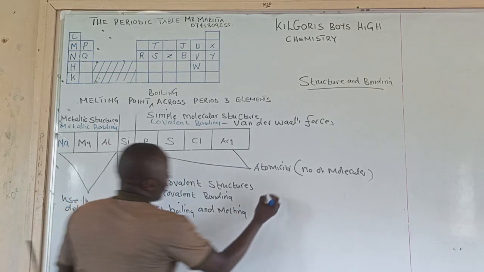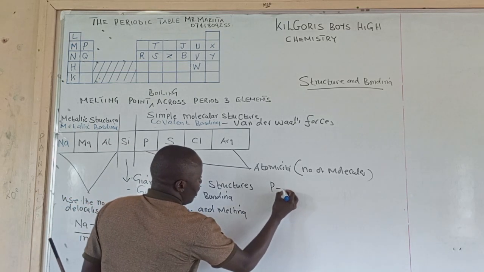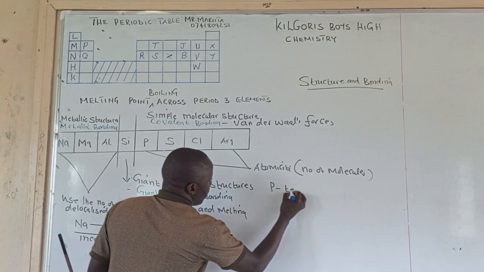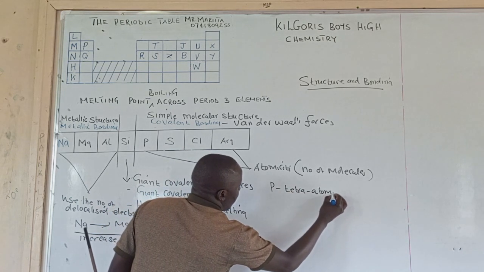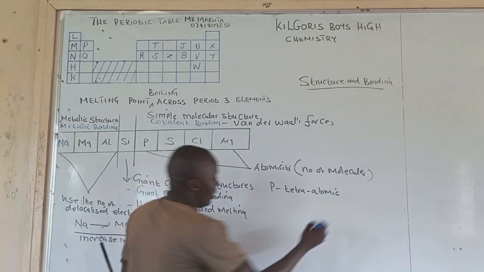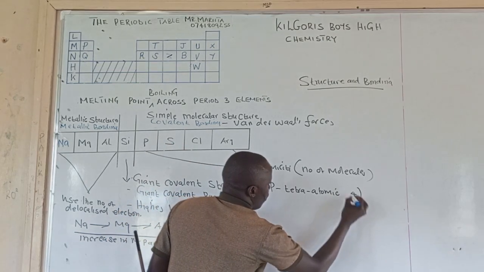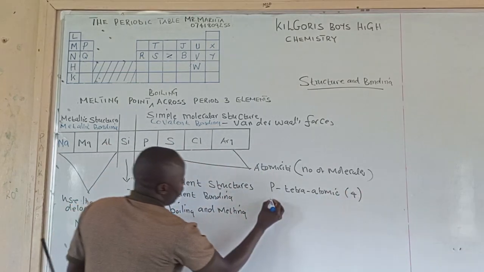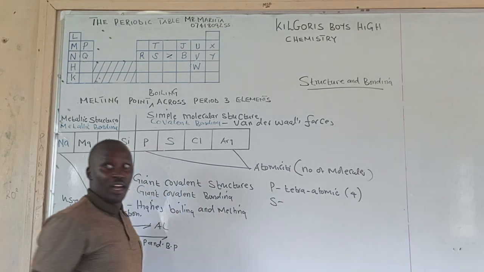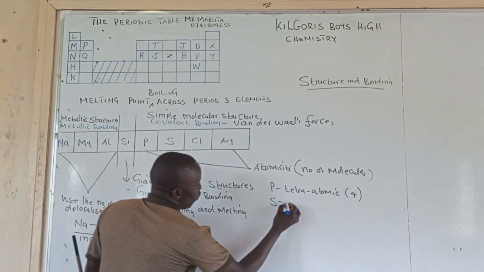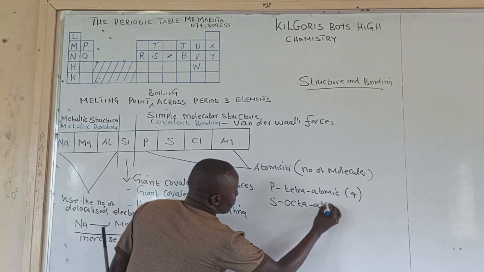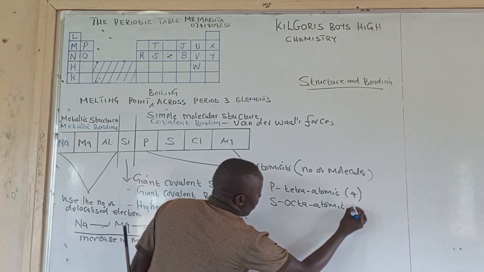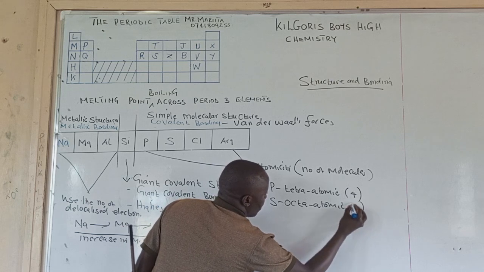For instance, phosphorus is tetratomic, meaning it has 4 atoms. Sulfur has 8 atoms in a ring, so we call it an octatomic molecule, meaning it has 8.